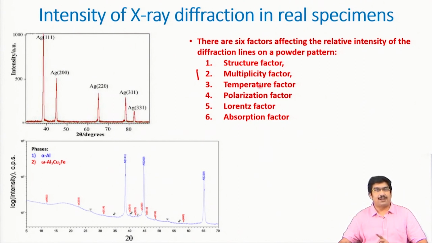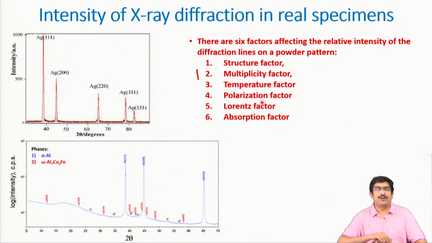The third one is the temperature factor, purely the atomic vibration because of the temperature, which we'll discuss. Then the polarization factor, which we have already discussed, if you remember, when we were discussing the intensity coming out from an electron at a certain point, IP equals I naught into 1 plus cos square 2 theta by 2.